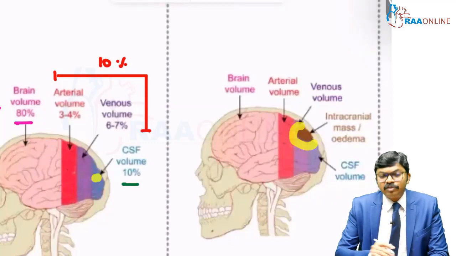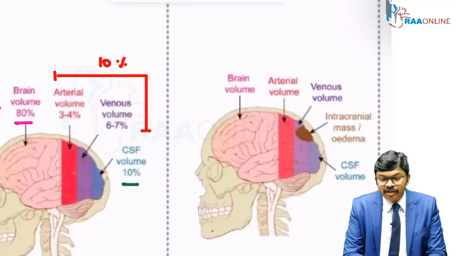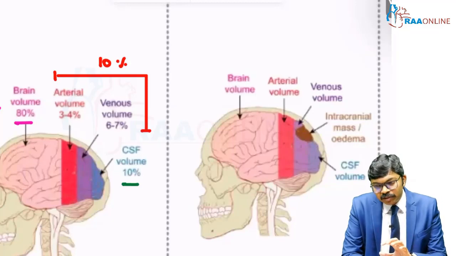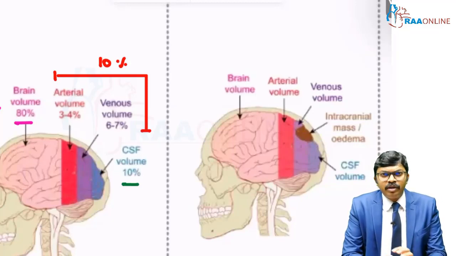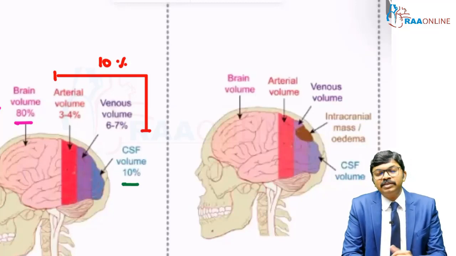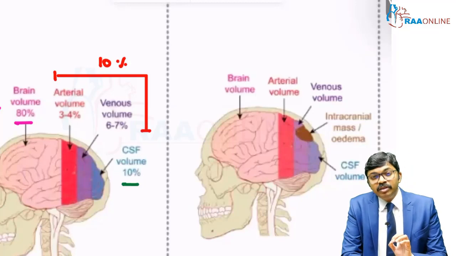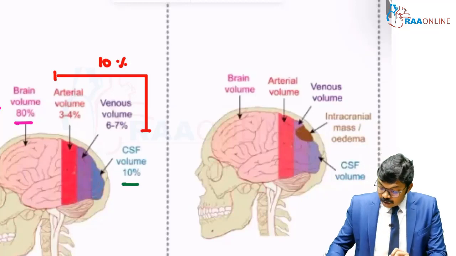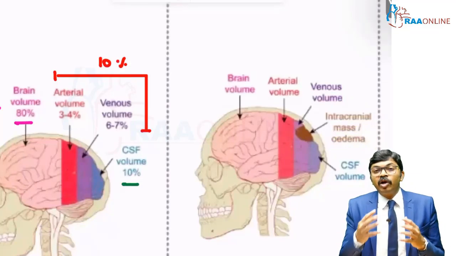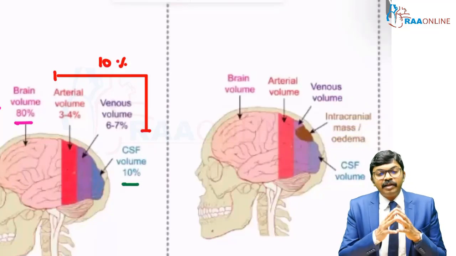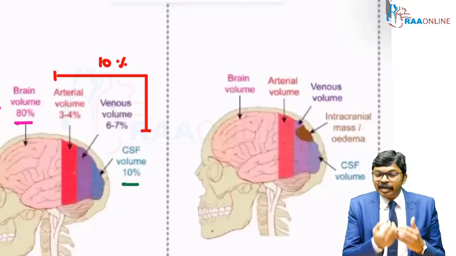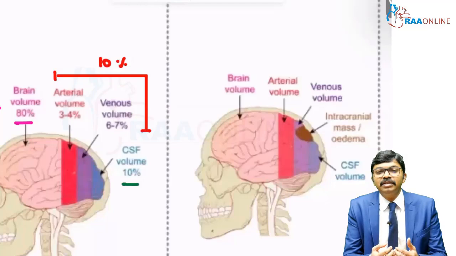Only with the compromise of CSF volume and venous return is tumorous growth possible, because the space is limited. It is non-expansive because the brain is surrounded by bones of the skull. When this tumor or edema becomes bigger, this expansion cannot be contained by the space, and this will lead to brain herniation, compression and crushing of cardiovascular and respiratory centers, leading to death.